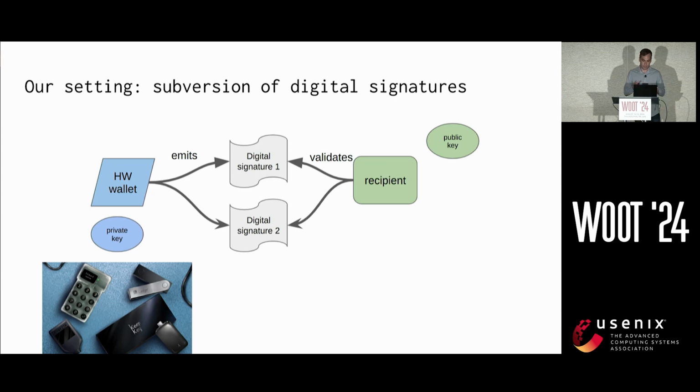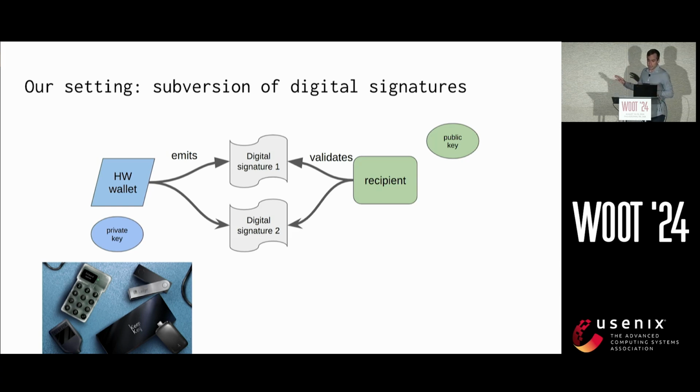We will see this in more detail, but you can see that this is very useful if the end goal is to forge signatures, right? If the end goal is for the backdoor designer to be able to produce signatures for any message that they want. In the case, for example, of cryptocurrencies, if this signature algorithm was used in a larger cryptocurrency protocol, that would mean that the backdoor designer could steal funds from the people that have the wallets.